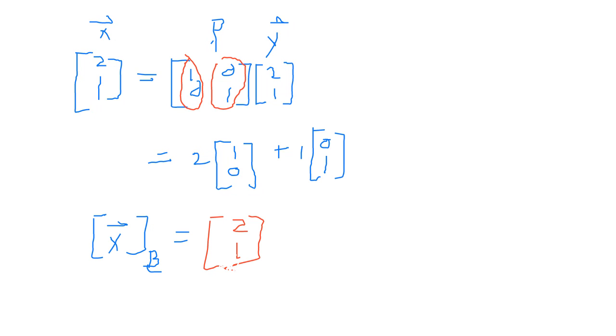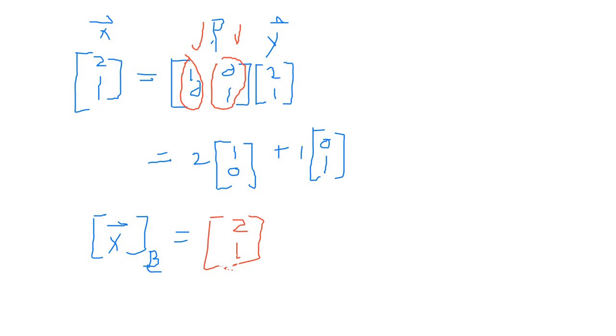This is the standard basis, of course, the vectors 1, 0 and 0, 1. But when I see things in the book, let me go back to the book now.